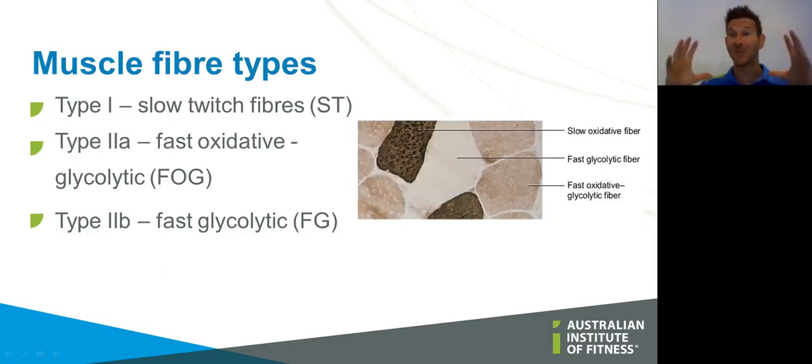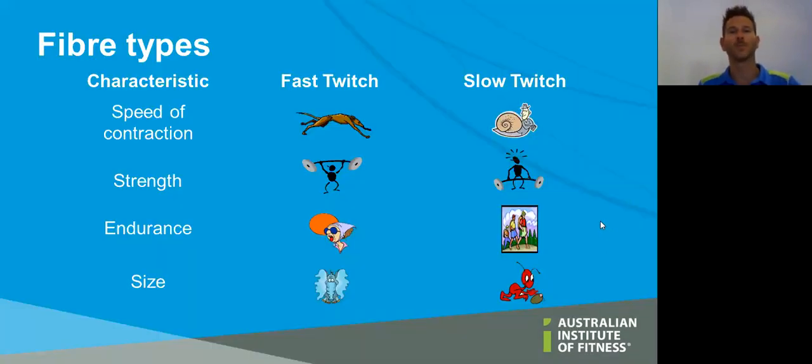These are usually larger in size and create a huge amount of force, but they fatigue really easily as well. So when we compare these 2 types of muscles, the fast twitch have a very fast contraction, whereas the slow twitch is very slow to contract. You think about a 100-meter sprinter, very big muscles, very fast, but a marathon runner, very slow, very steady.